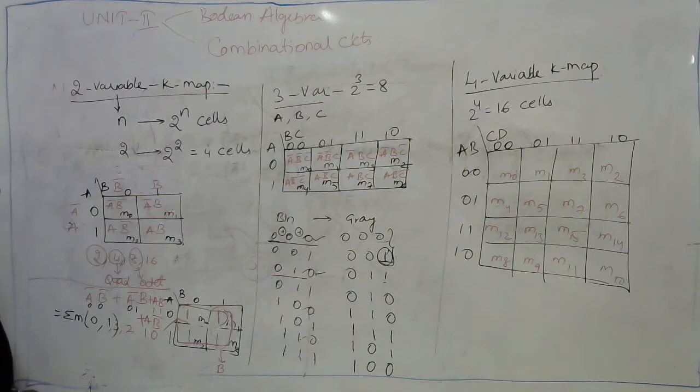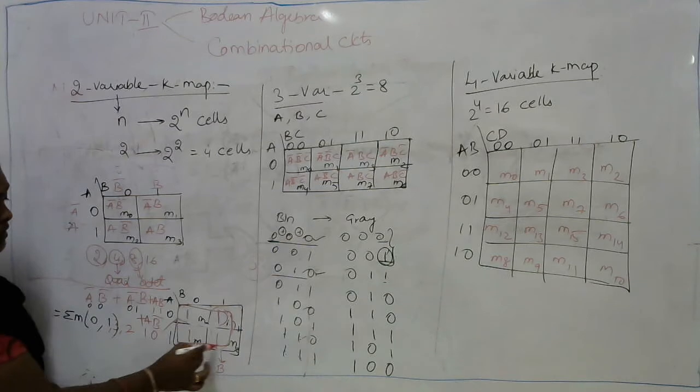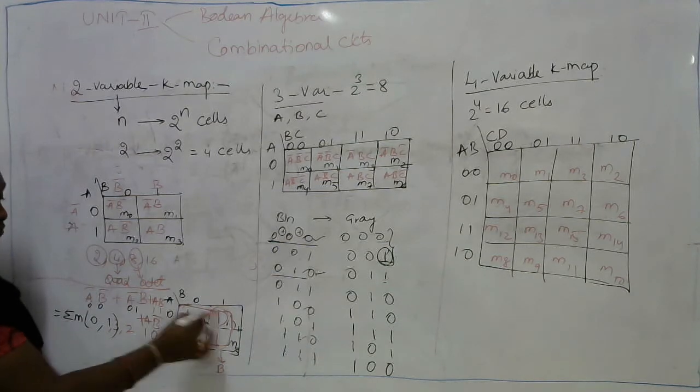If 16 cells are not possible, go for 8 cells. If 8 is not possible, go for 4. If 4 is not possible, go for 2. Always check for the higher adjacencies rather than the lower adjacencies.